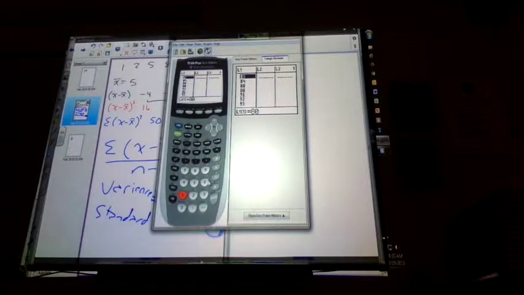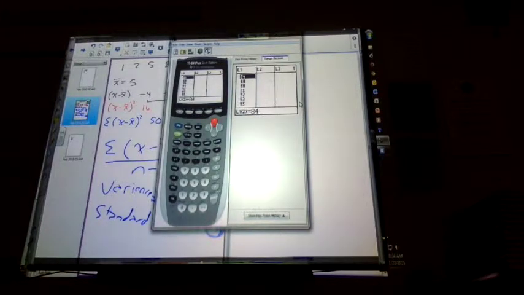So we're looking for the mode. The mode is the most occurring number. Looks like I have 88 that happens twice. So 88 is going to be the mode because that's the only one that happens twice. What if 88 and 91 both happen twice? What would it be called? Bimodal. Good.